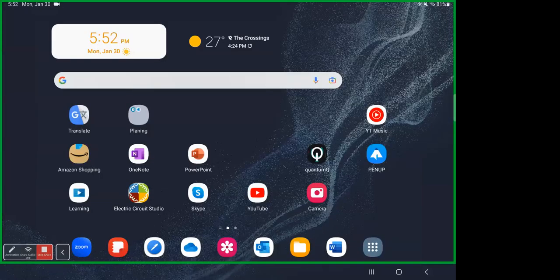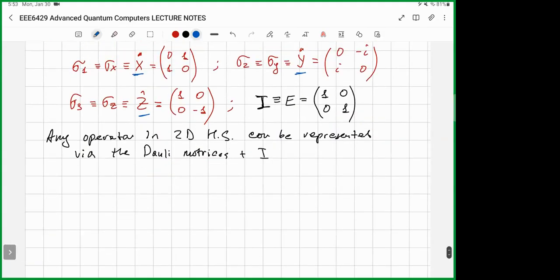Oops, I did something wrong. No, go back. Sorry. So the X, Y, and Z Pauli matrices, in quantum information theory, correspond to the X, Y, and Z quantum gates.